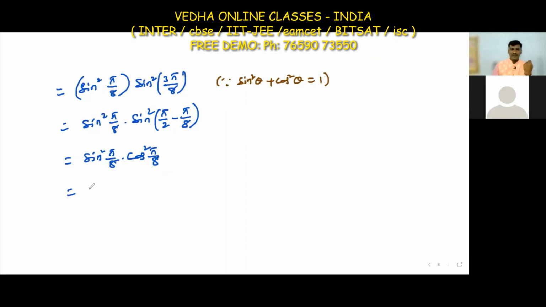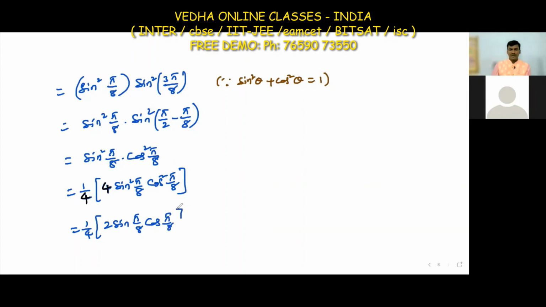Now I am multiplying and dividing by 4. So we have sine square pi by 8 into cos square pi by 8, multiplied and divided by 4 extra. The next step: we write the 1 by 4 as is, and we can write this as 2 sin pi by 8 into cos pi by 8, whole square.